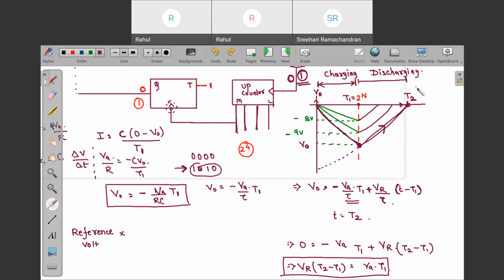This is your discharging time. So this will be reference voltage into discharging time is equal to what? Va is your input voltage. Input voltage into T1 is what? Charging time.